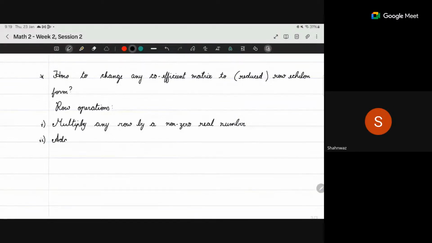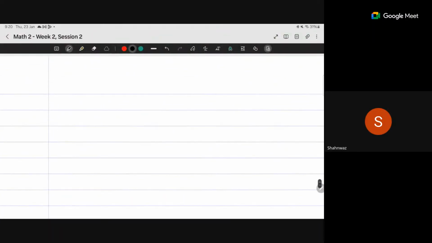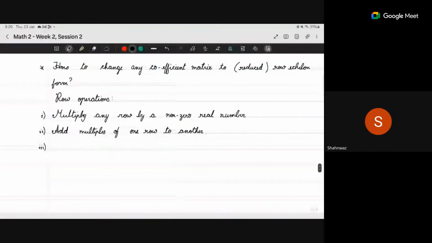The second one is to add multiples of one row to another. Once again, I'll write all of these things and then I'll explain with an example, which is how it can be understood best in my opinion. What else is there? Swap rows is fine.